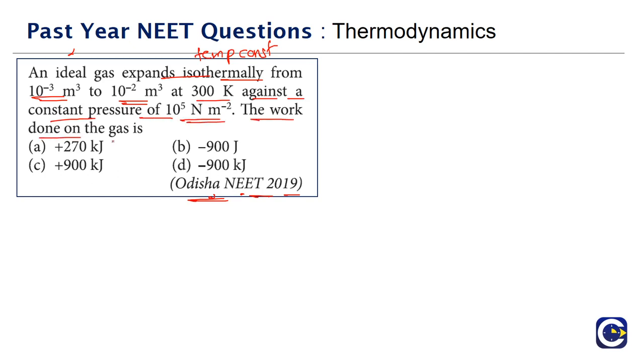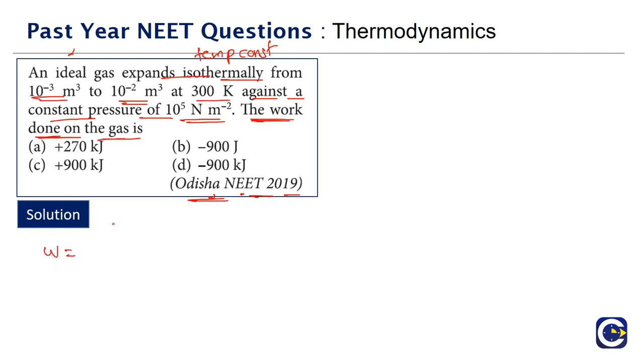The work done on the gas? Here again we have a familiar kind of question. I think the NEET 2019 All India paper also had a similar question. The only difference is that there they were asking for the work done by the gas, and here we are asking for the work done on the gas.